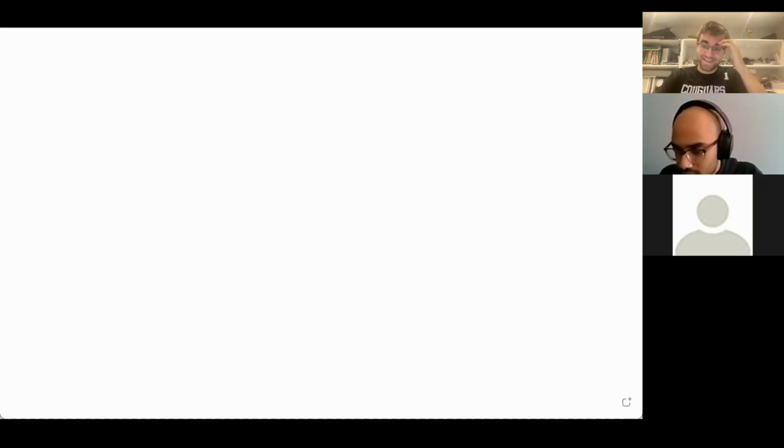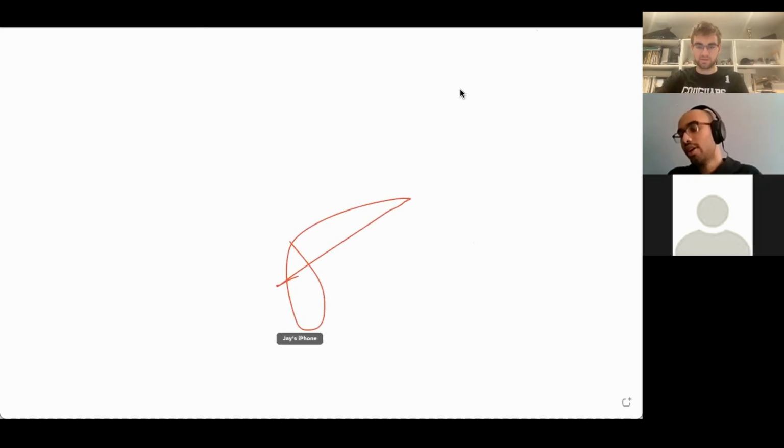I muted both so that the looping would stop. How do I draw on this now? There's going to be a button somewhere on your phone to annotate, along with chat, participant, security, video, whiteboard, remote control. Yeah, I got it. Cool.